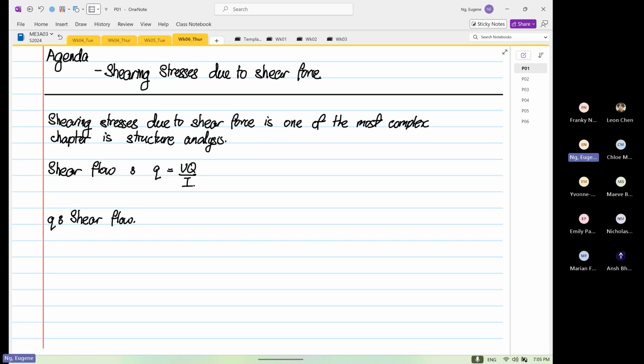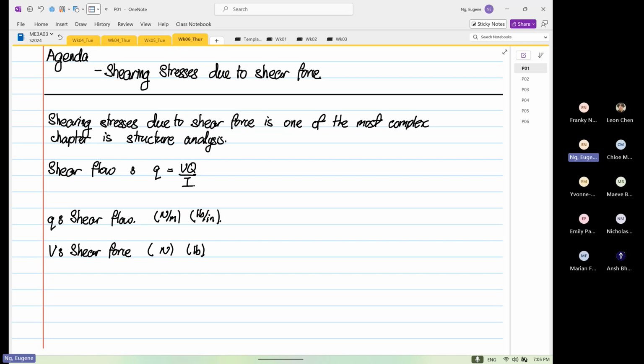If we look at the units, it's in Newton per meter, or it can be pound per inch. Then V is our shear force. Shear force is in Newton, or it can be in pound.